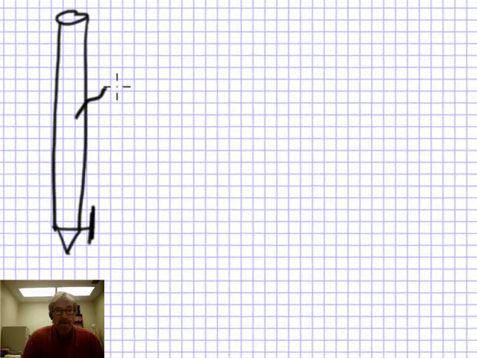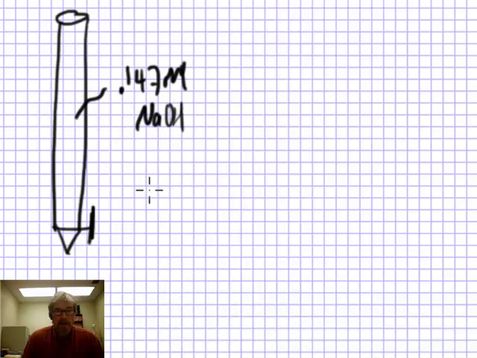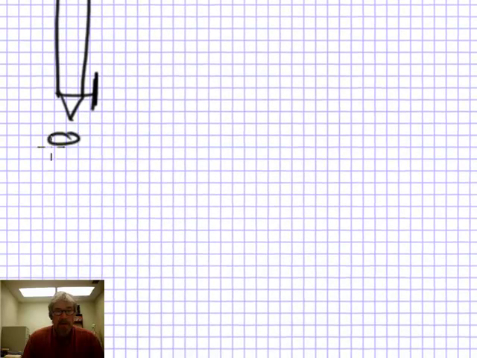In this titration, I'm going to draw a little picture here to sort of indicate what's happening. Here's my burette with its stopcock, and in the burette is my standard solution. It's a 0.147 molar solution of sodium hydroxide. And in the flask below it is some H2SO4. I know what the volume is.